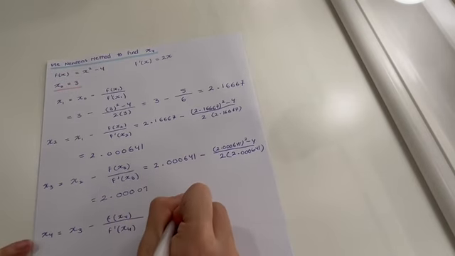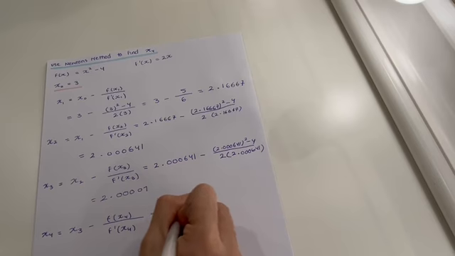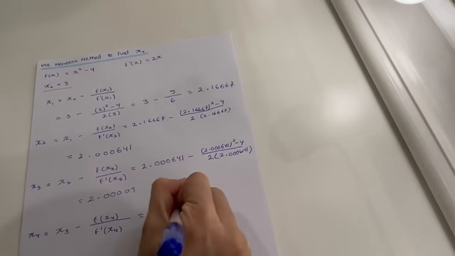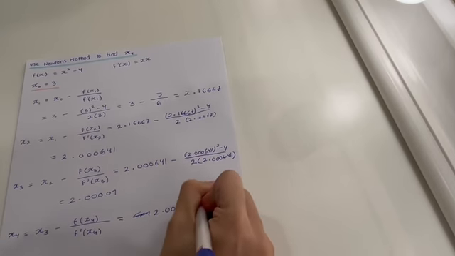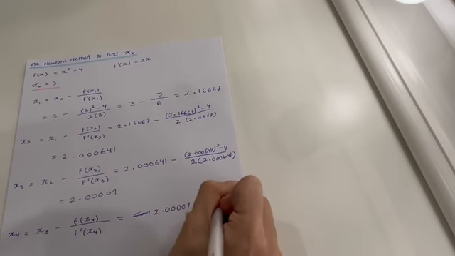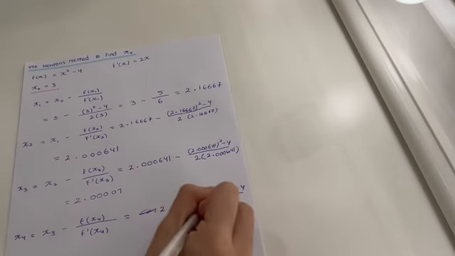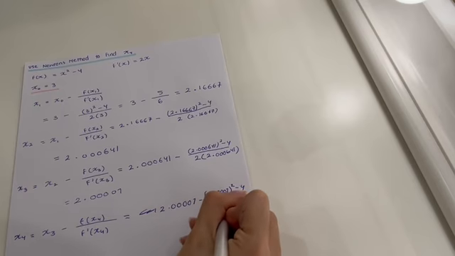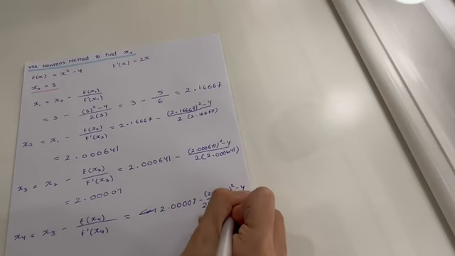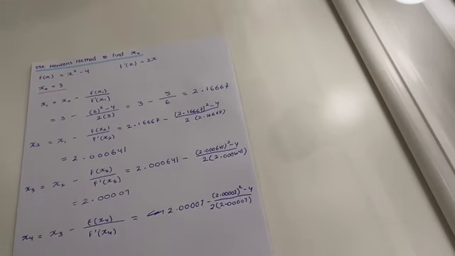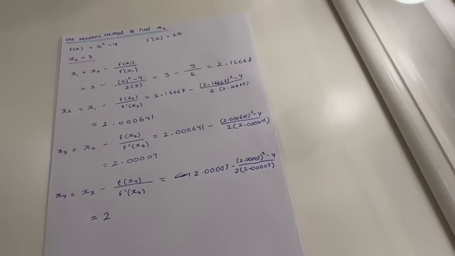We have 2.0001 minus 2.0001 squared minus 4, and then we have 2 times 2.0001. Now we're going to calculate that, which gives us a single value, which is 2.